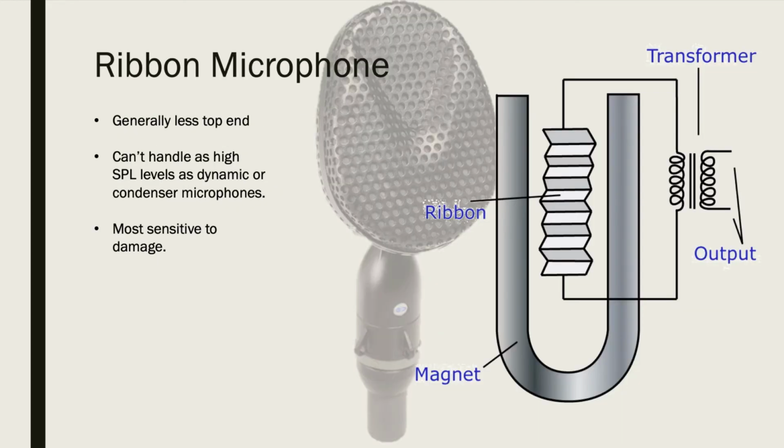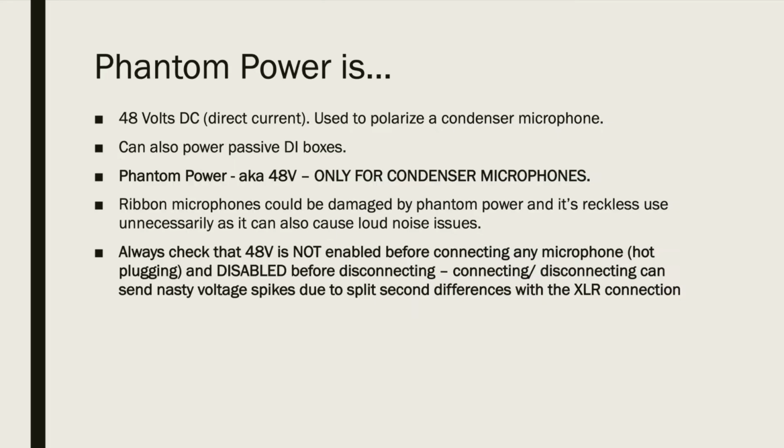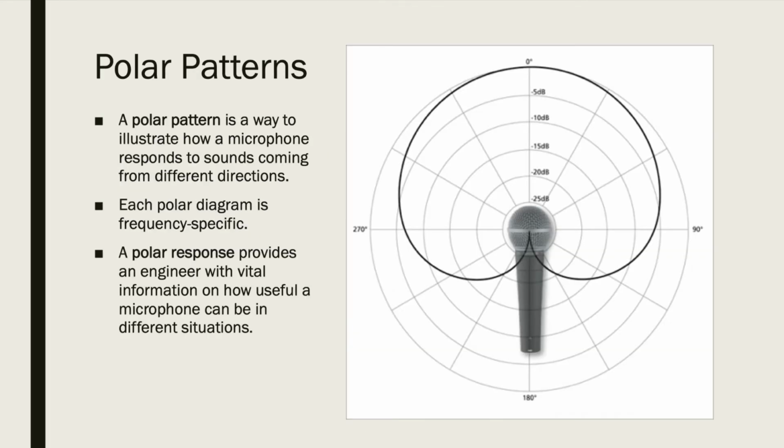Cool. So we've looked at your three main microphone types there. We've looked at dynamic, condenser, and ribbon microphones. And I wanted to look at different polar patterns. So the polar pattern is a way that manufacturers can illustrate how a microphone responds to sounds incoming from different directions.